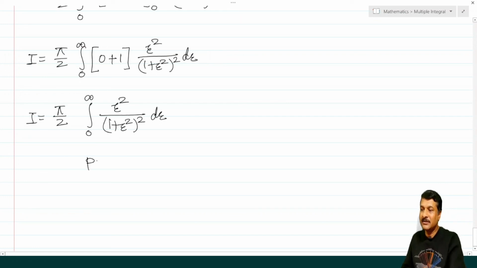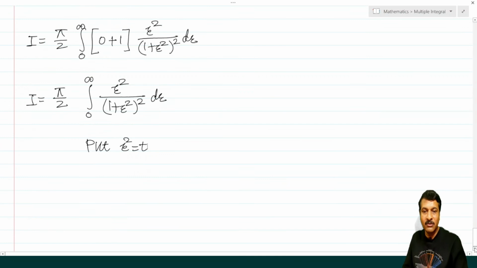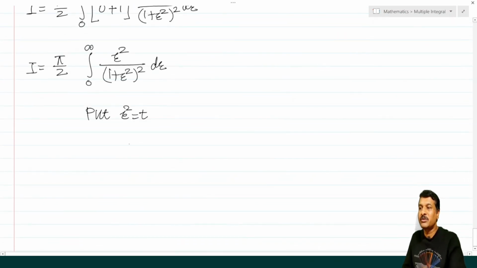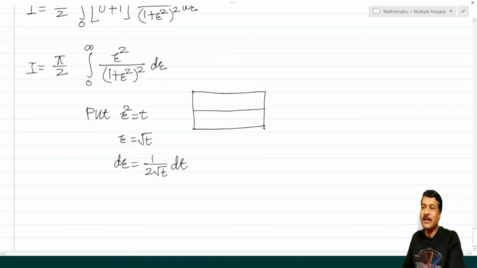Note that here you have to use the second definition of beta. So how? Put r square equal to t, then r equal to root t, and dr equal to 1 by 2 root t into dt. What about the limits from r to t?